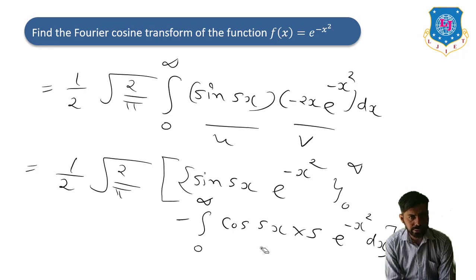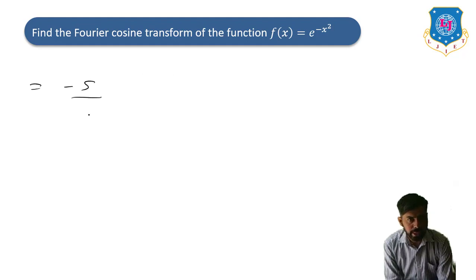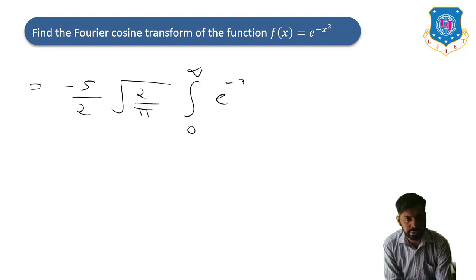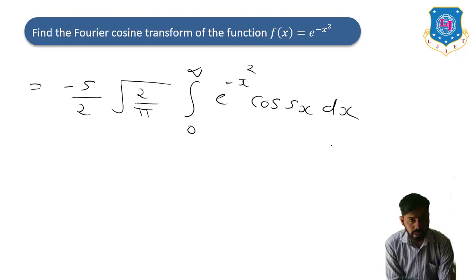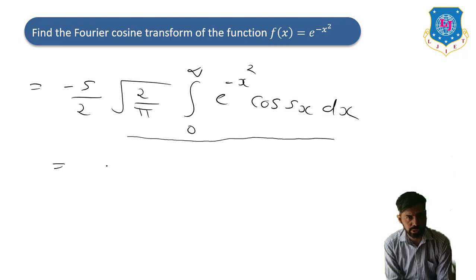This can be written as minus s by 2 square root of 2 by pi integration 0 to infinite e raised to minus x square cos sx dx. Okay, now what is this? From result 1 we can say that this is I. So this is equal to minus s by 2 into I. Therefore dI by ds is equal to minus s by 2 into I.